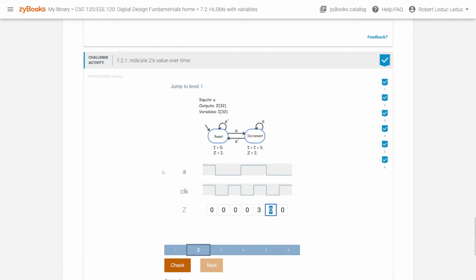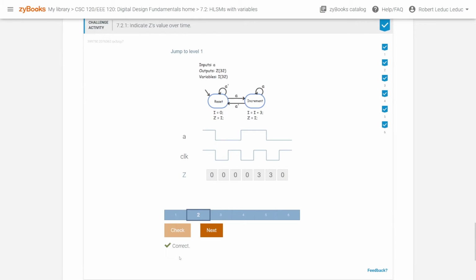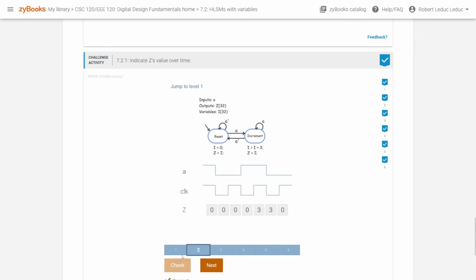And that will persist for one full clock cycle until the next rising edge, when we see that the value of input A has gone back to 0. And according to the diagram, this will transition us back to the reset state. And in the reset state, the value of I is set back to 0. And since Z equals I, the value of our output will be 0 as well. So if we check our answer, looks like that's correct.